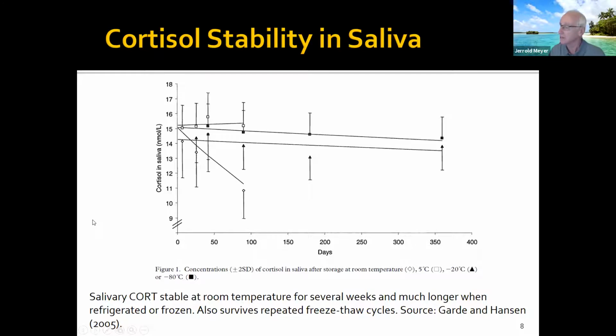Cortisol in saliva is pretty stable, which is a very nice trait.